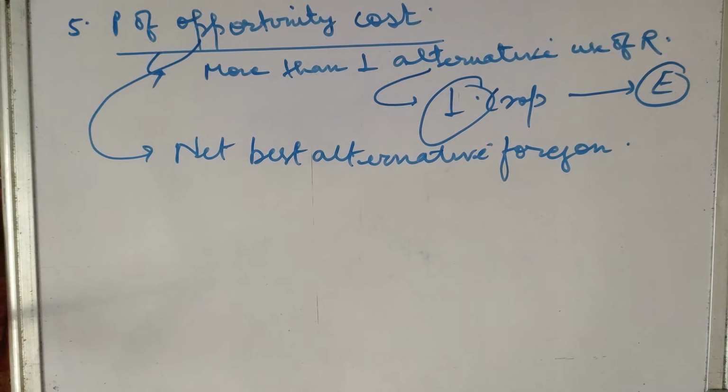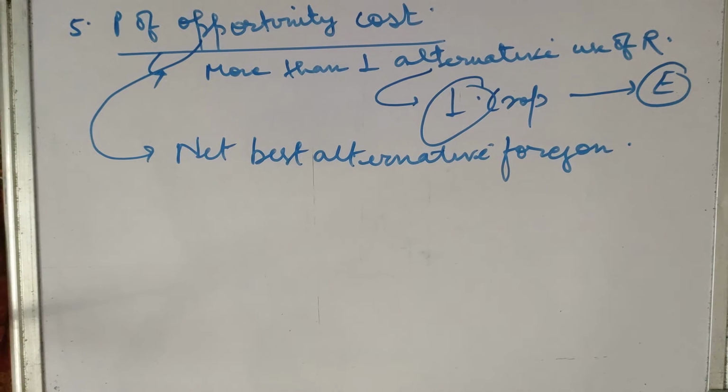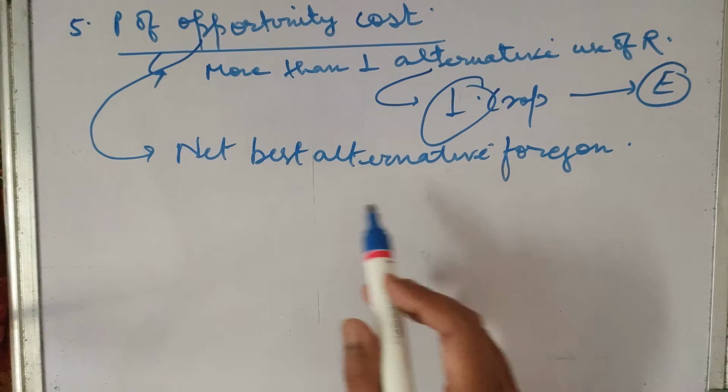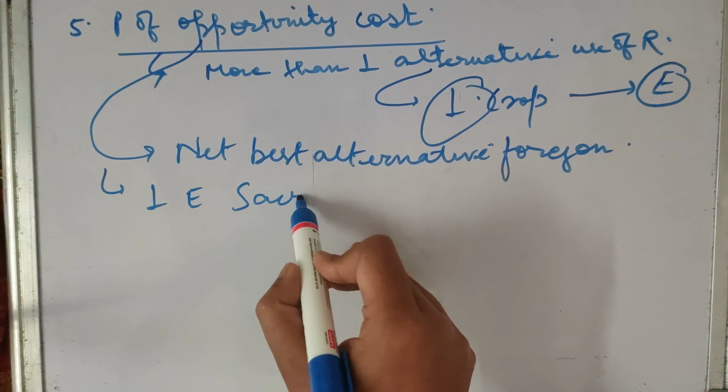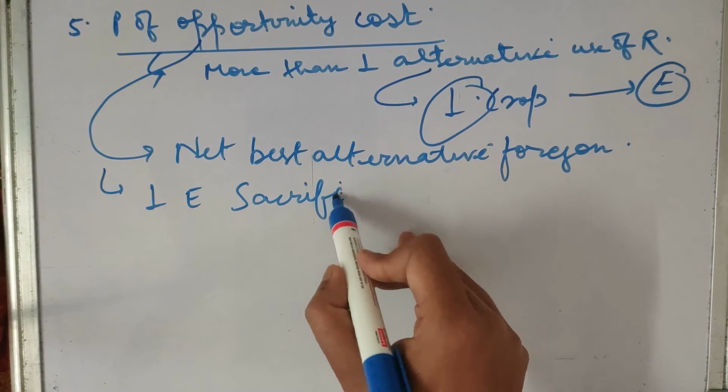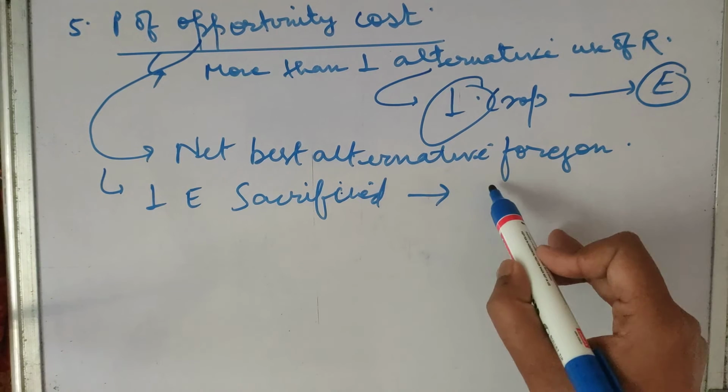Therefore, the value of one enterprise sacrificed is the cost of producing another enterprise.